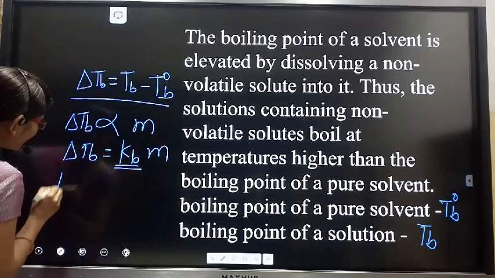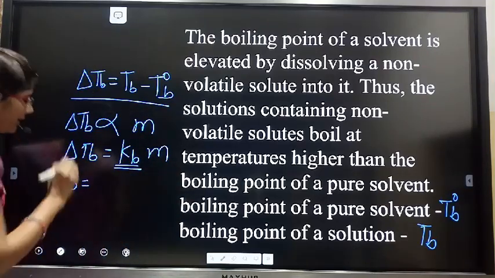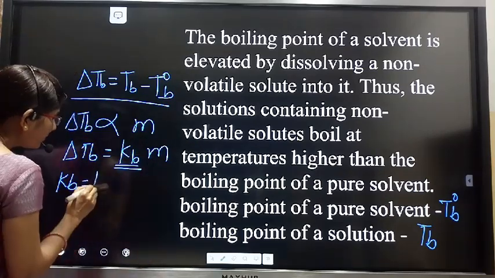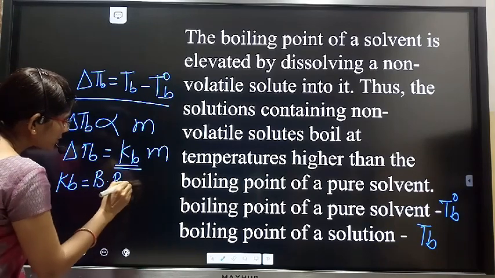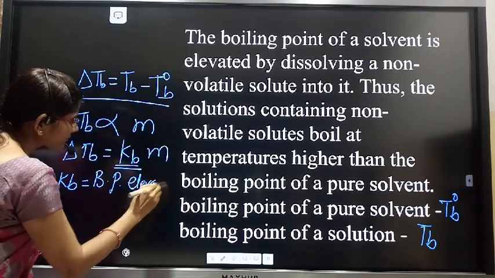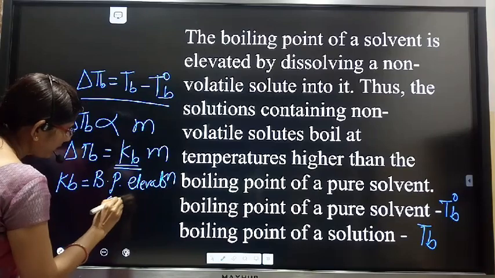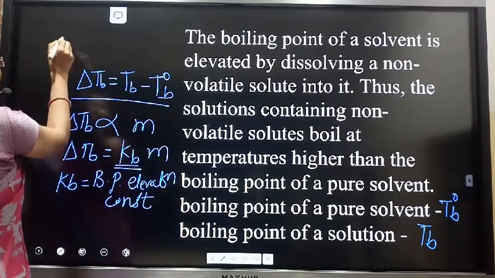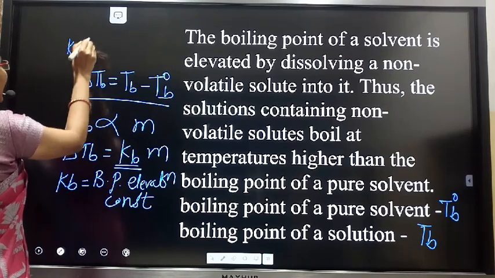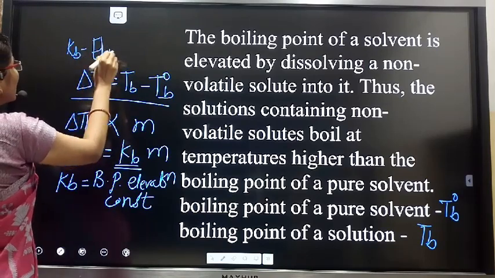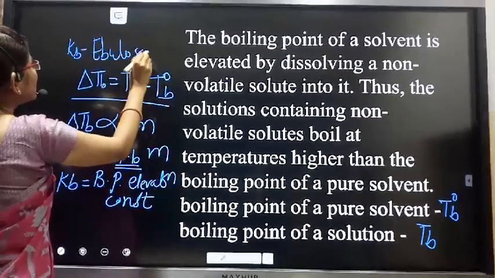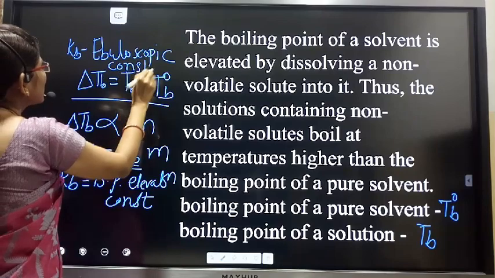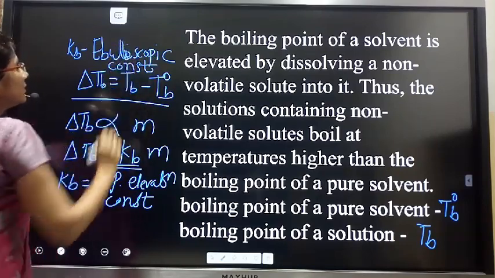This Kb is called the boiling point elevation constant, or the ebullioscopic constant.